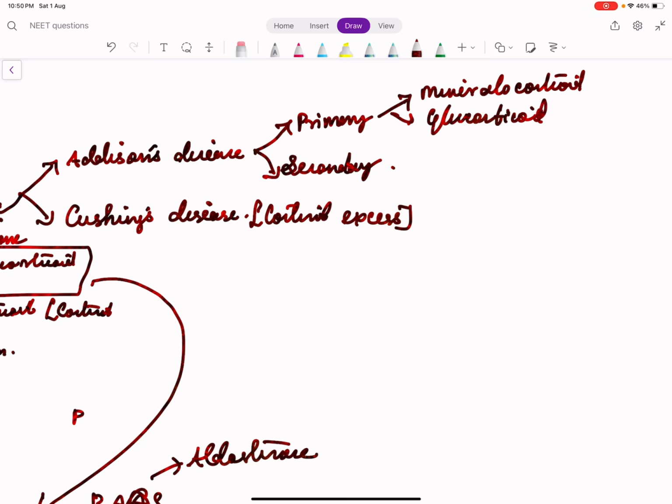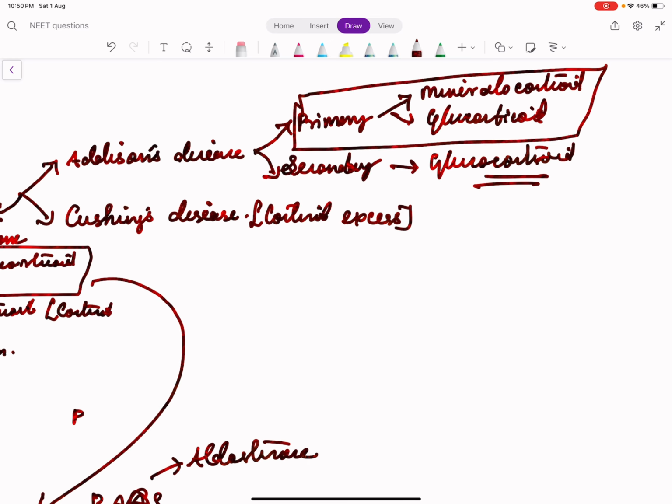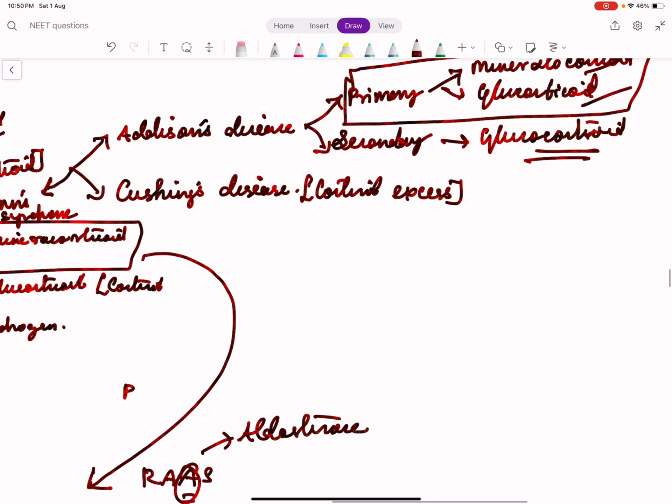Whereas in secondary adrenal insufficiency, that is, if there is a problem with the pituitary, ACTH or hypopituitarism, only glucocorticoid will be low. So mineralocorticoid will not be problematic, right? So which is more dramatic? Primary adrenal insufficiency is more dramatic because it has both mineralocorticoid and glucocorticoid deficiency.